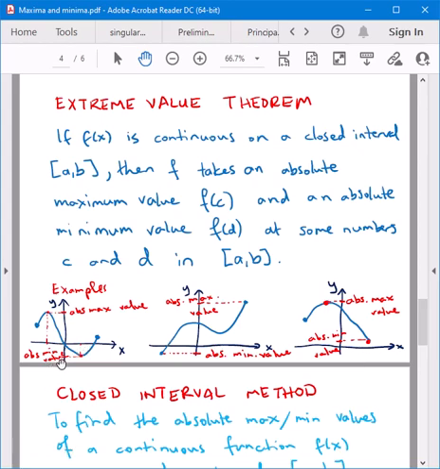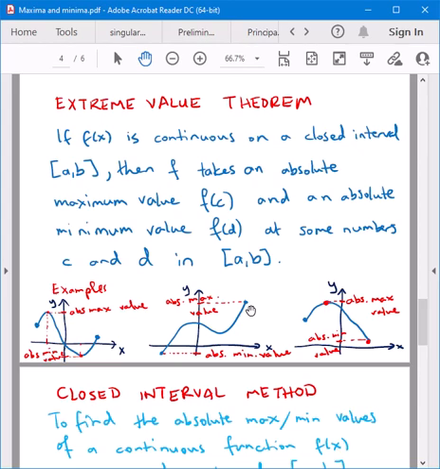In the leftmost picture, there is an absolute maximum here, and then there's an absolute minimum here. So the absolute maximum and minimum can be in the interval. Or look at the middle picture here. The absolute minimum value can be at the left end, as you see, and the absolute maximum value can be achieved at the right end.